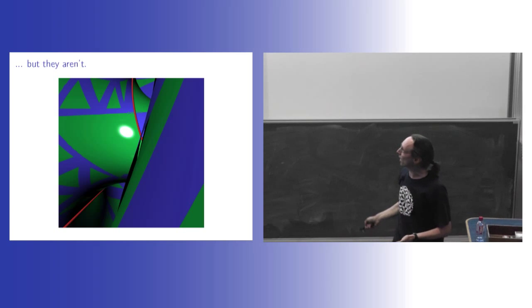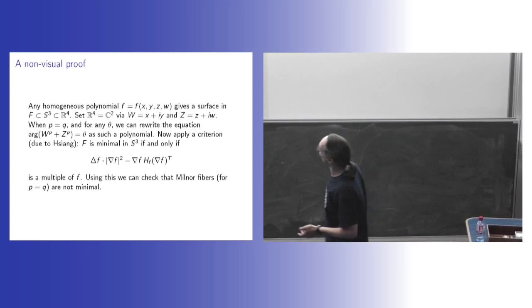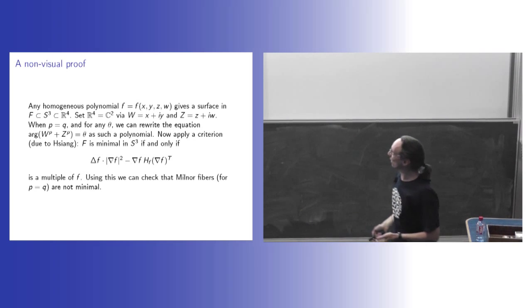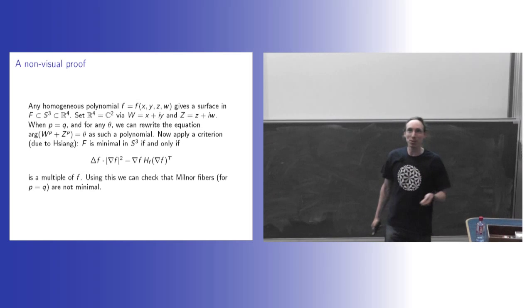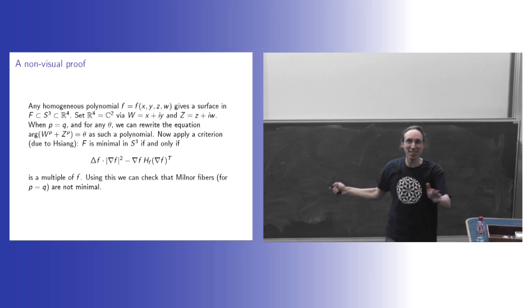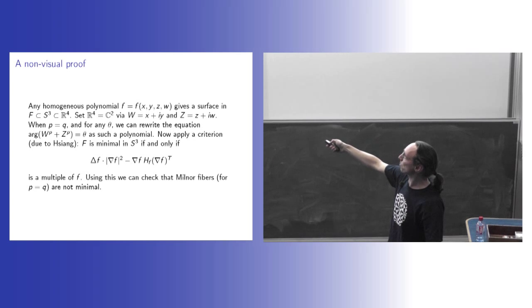Okay, so here's a proof that's not a computer proof. So how many equations is that? Well, hopefully I have one person who's still awake. I'm still awake. That's good. Right. So there's some criterion due to Shang. And if you just crank through and check some vanishing thing, this is supposed to be a multiple.